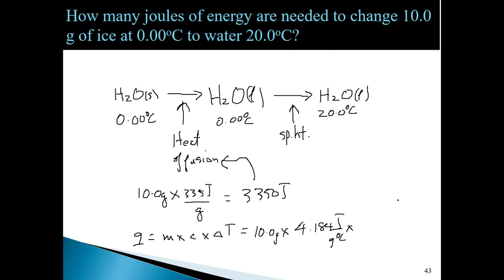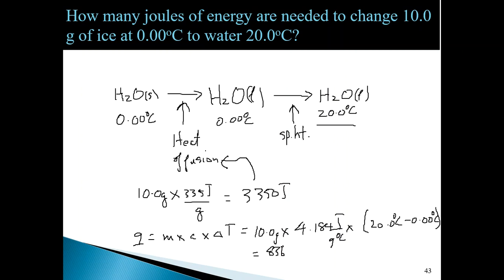Now, what's the temperature change? The temperature change is 20.0 degrees Celsius minus 0.00 degrees Celsius, because remember we're going from 0.00 degrees Celsius to 20.0 degrees Celsius. So when I work that out, that's 20 times 4.184 times 10. Okay, the answer I got is 836.